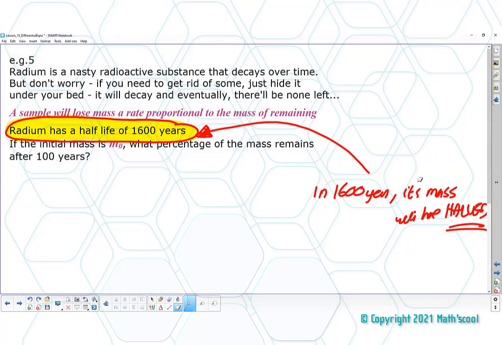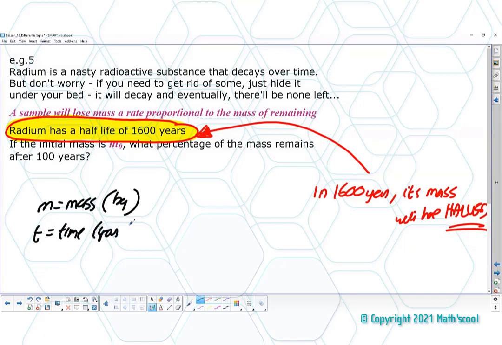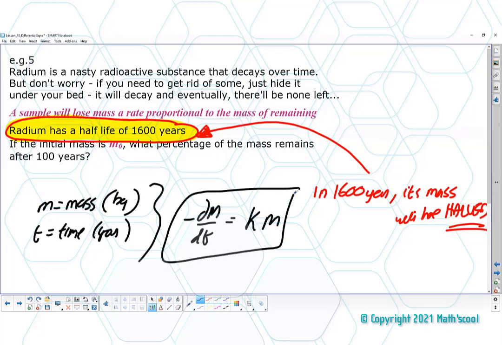Okay, you do the calculation. What percentage of the mass remains after 100 years? We've already done some of this question. We already did the bit where we define the variables. You should recognize that as the exponential decay equation, so you know exactly what's going to happen next.